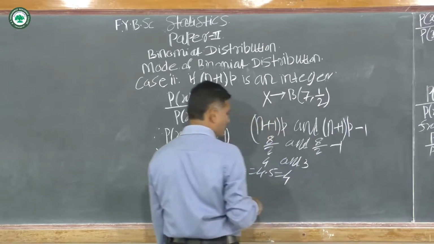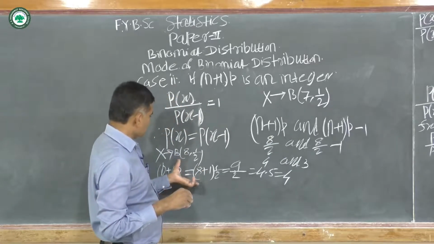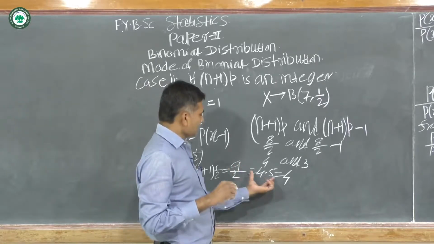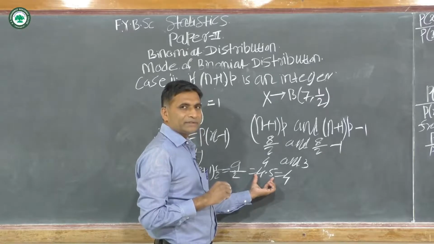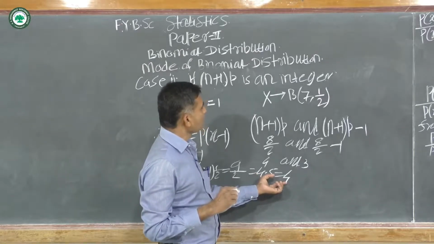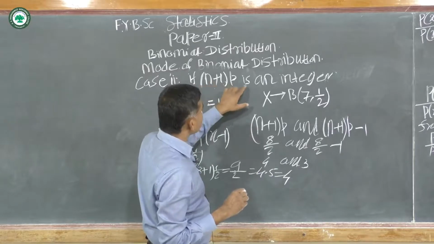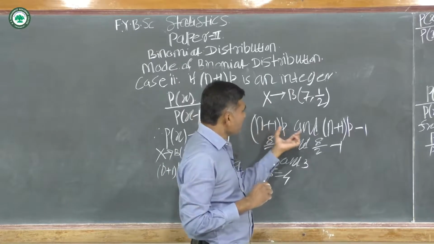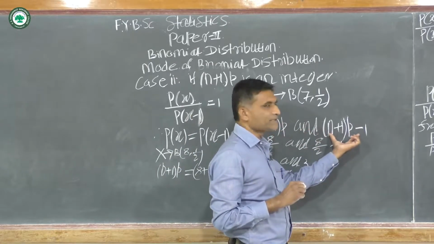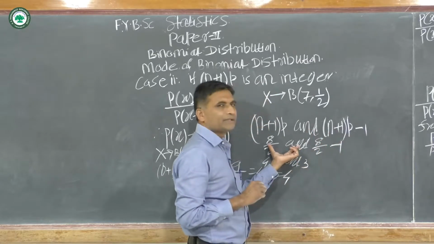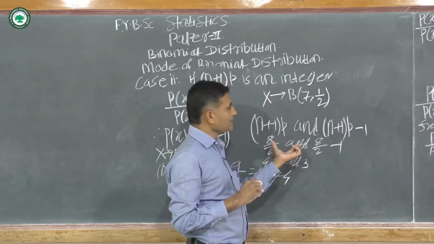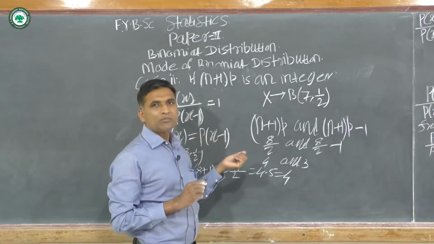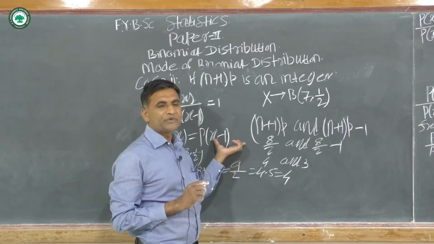In this case (n plus 1) into p is not an integer, therefore we take only the integral part of this value, which is equal to 4. And if (n plus 1) into p is an integer, in that case there are two modes, (n plus 1) into p and (n plus 1) into p minus 1, and both values are modal values, which is called bimodal. In this case the mode is not unique. In this way we can obtain the mode of the binomial distribution.